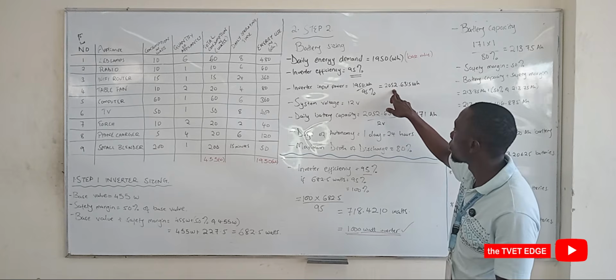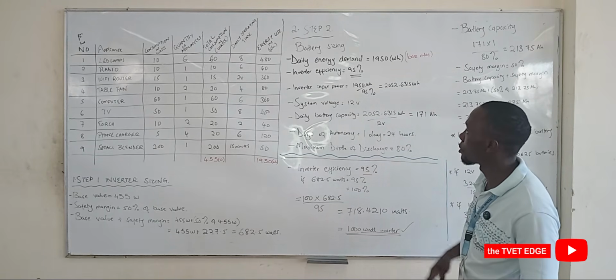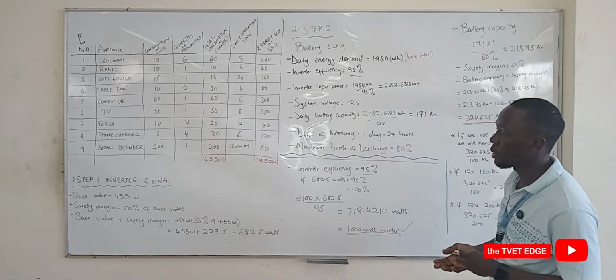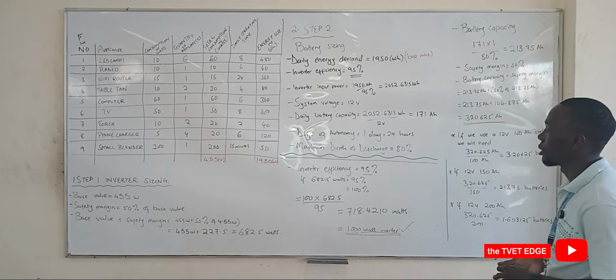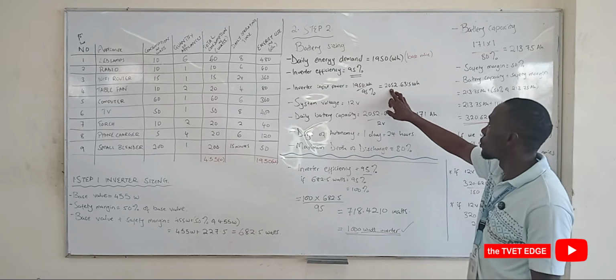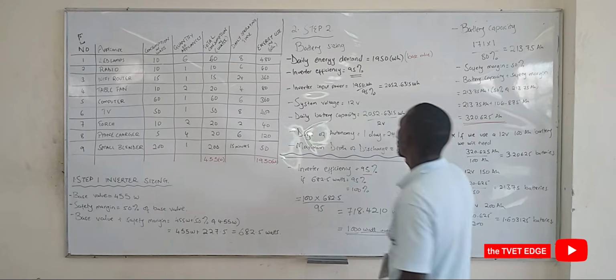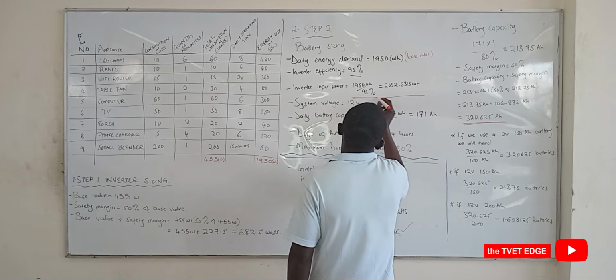Basic calculation, you will get 2052.631 watt hours. That is 1,950 times 100 divided by 95. You get 2052.6315 watt hours.